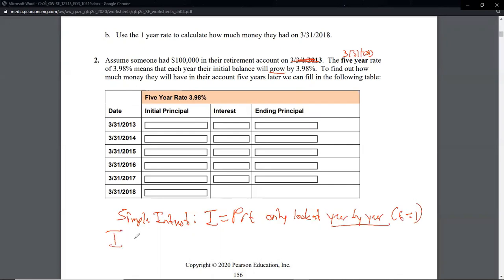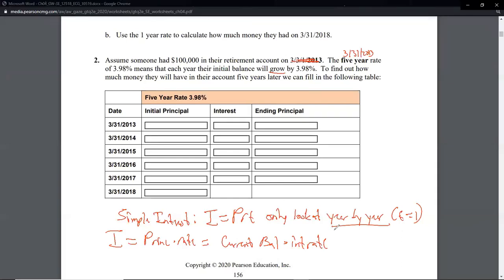So a better way of saying this is that the interest is just the principal, or the current balance, times the interest rate. So again, it's the current balance times the interest rate. Write out these formulas however you like, however it makes sense to you. This was one of the very first formulas we gave you back in chapter 1, those finance formulas.